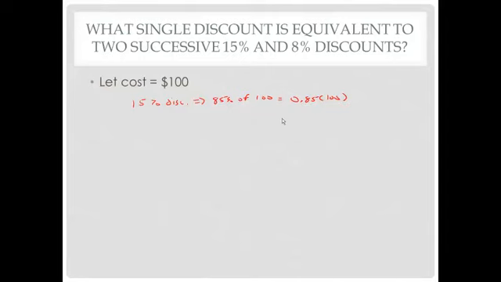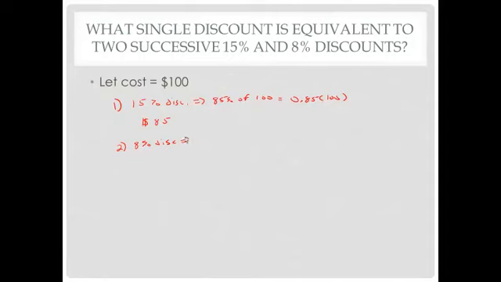That'll tell us the price that we're paying when we get that 15% discount, and 0.85 times 100 gives us $85. So the original 15% discount puts us at $85, but we're going to get another discount on top of that, on the $85. So now we're going to get an 8% discount.